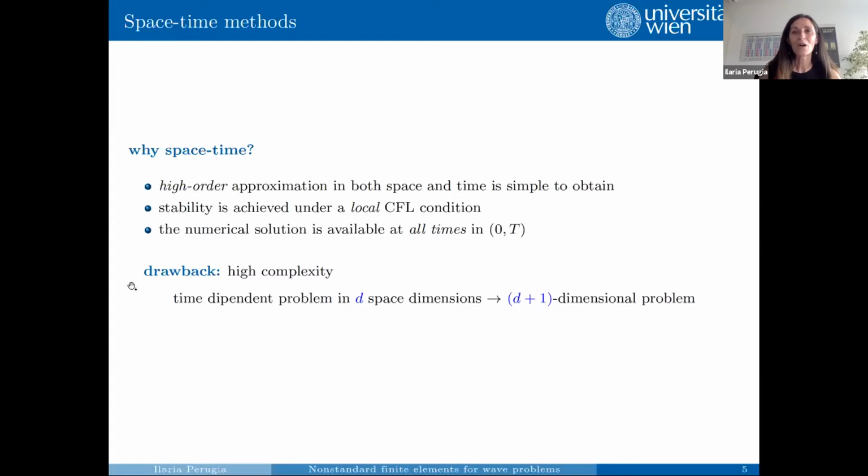The drawback of that is the high complexity. In fact, if you have a problem in d space dimensions plus time, you have to solve a d+1 dimensional problem.